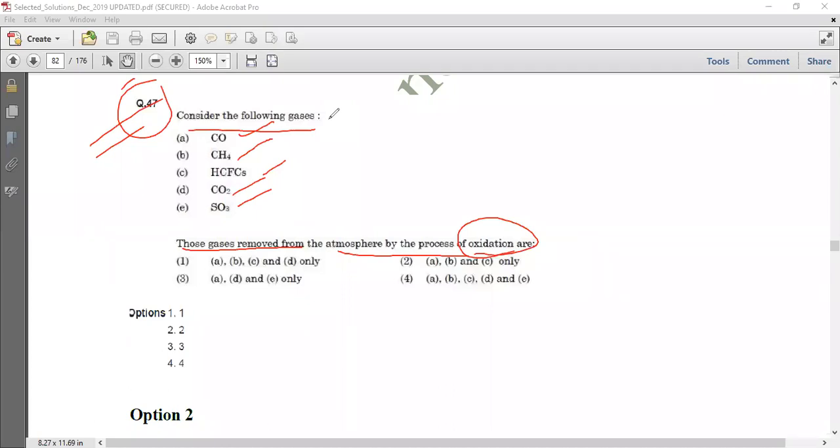See, those gases which can be oxidized and removed from the atmosphere among the following can be seen from here.